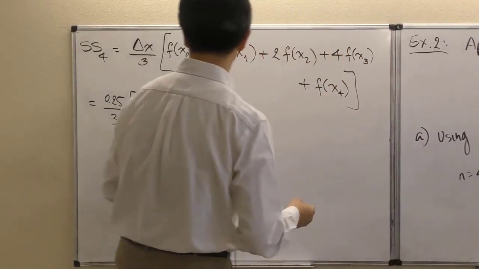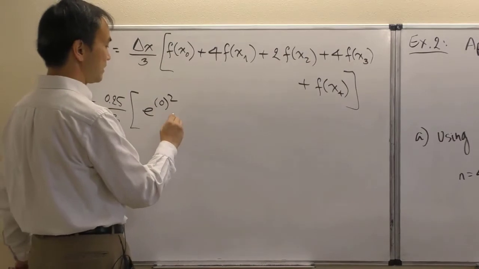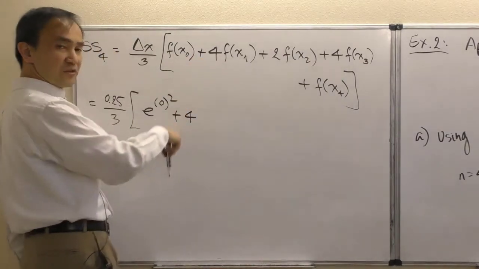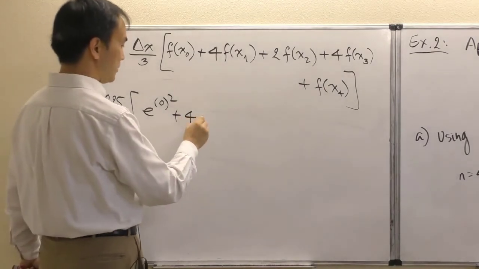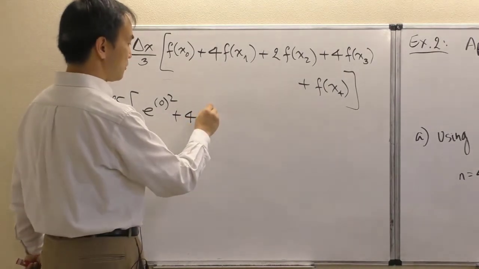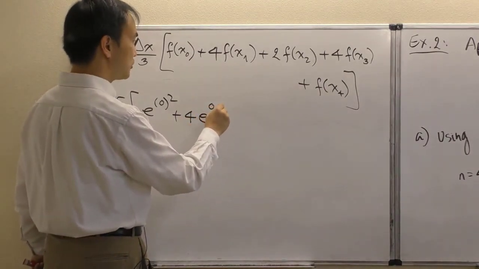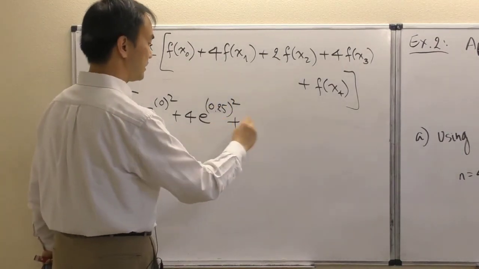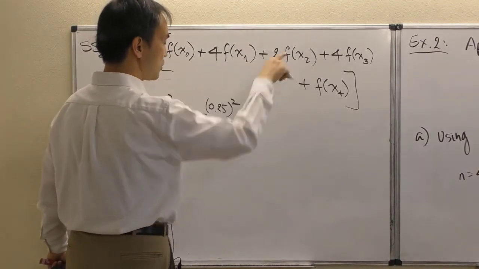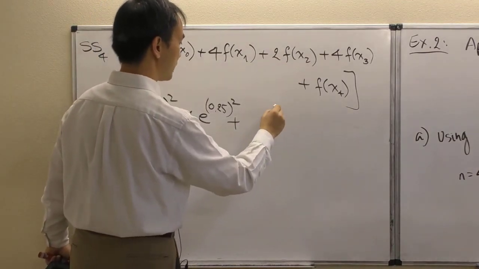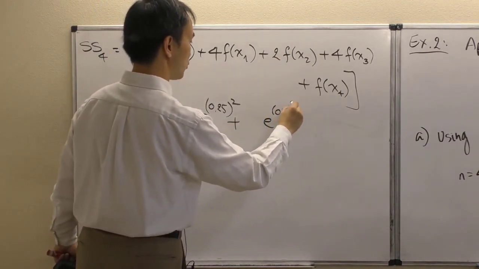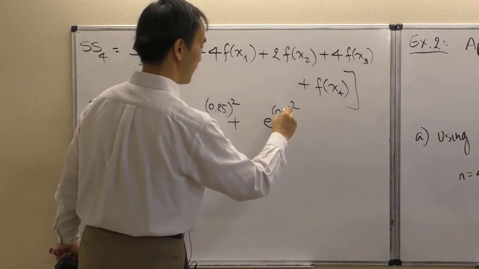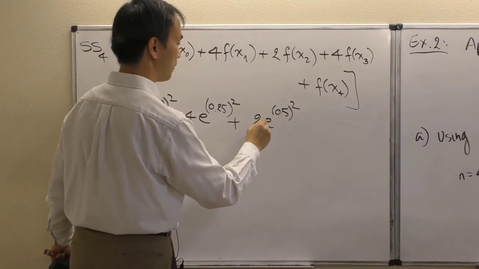The next one is 4 times, because of the coefficient proven in the formula, e to the 0.25 squared. The next one is f of x2, which is e to the 0.5 squared, but only with coefficient 2.